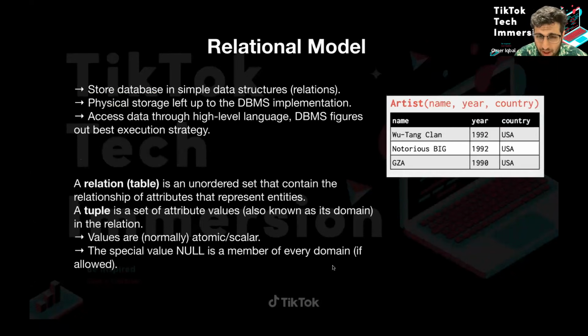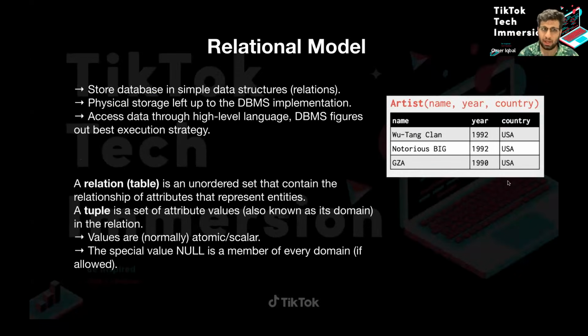Okay, let me give a very brief introduction to the relational model. Many of you may have studied this in school, and it's not that hard to grok, to be honest. I think the key idea behind a relational model is that in our database, we will just store these simple data structures. We call them relations, aka tables.